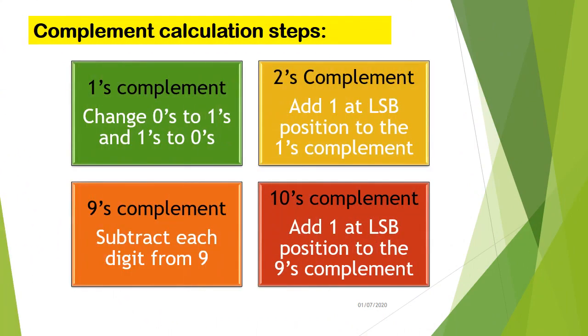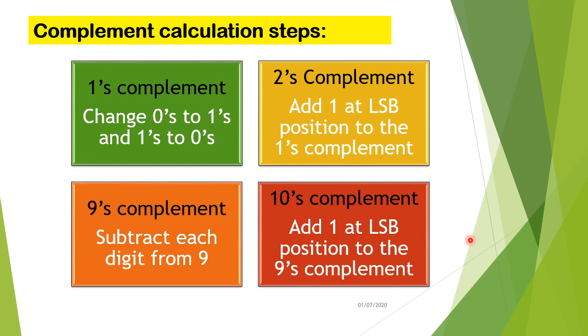Now we will go to another process involved on binary numbers, and that is the complement calculation. The complement calculation will be of r's complement and r minus 1's complement type, where r is the radix of that numbering system.